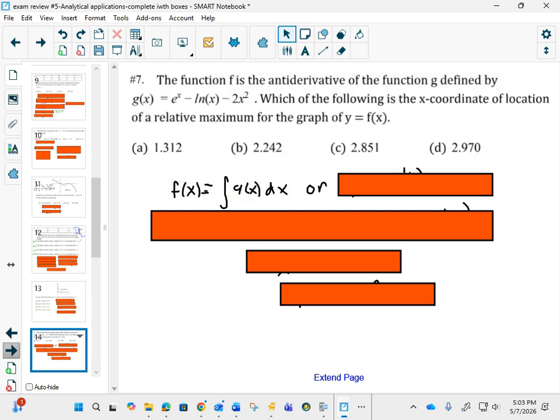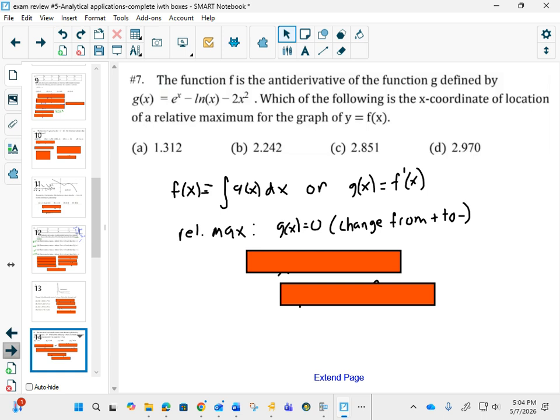Now, the derivative of f of x is equal to g of x. So if we want to find a maximum of f of x, we would need f prime of x to equal 0, which means we need g of x to equal 0.